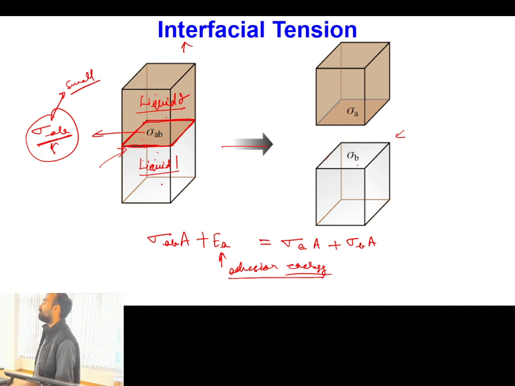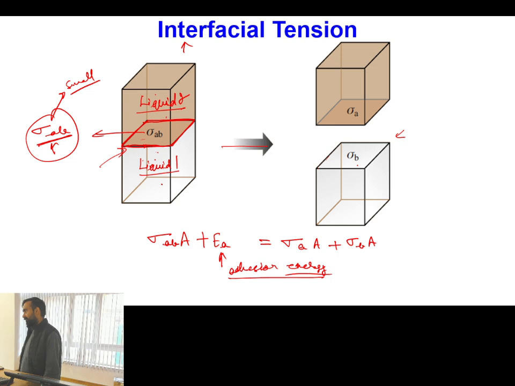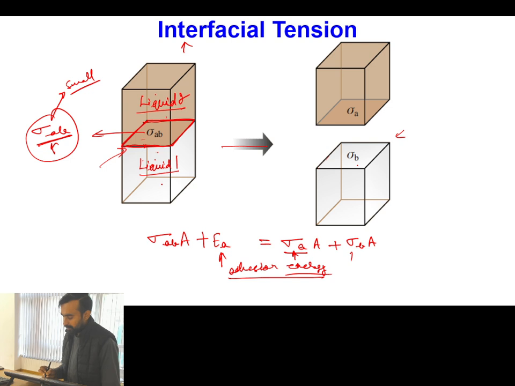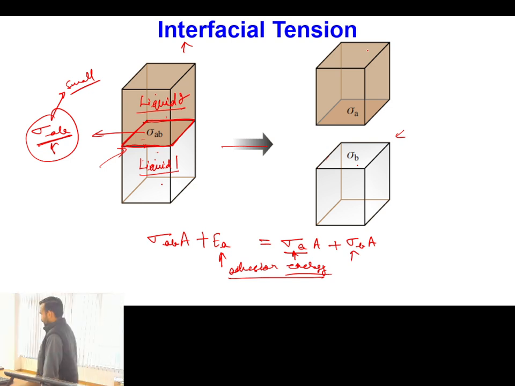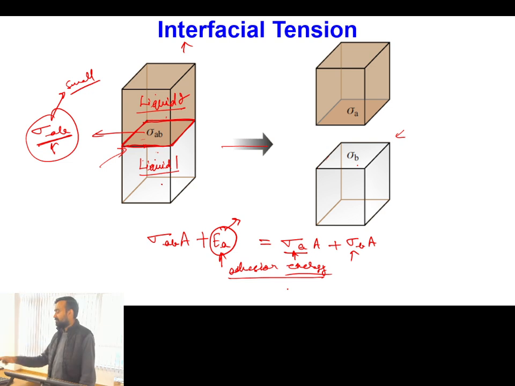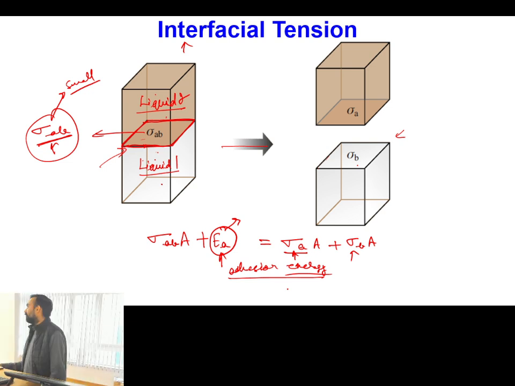Theoretically, it is extremely difficult to determine. If you have to determine it theoretically, first you must know the individual surface tensions of the two liquids which are participating. Other than that, you also have to determine the amount of adhesion energy, which is extremely challenging to calculate.